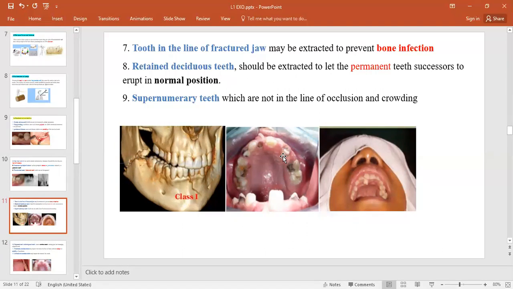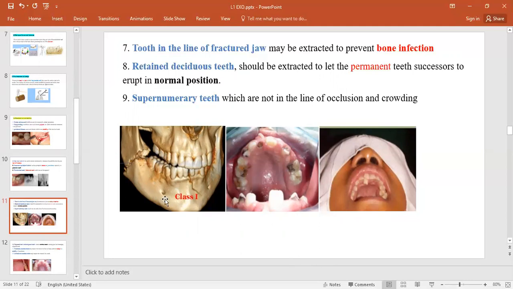If we retain the primary tooth, it will affect the permanent tooth. The permanent tooth will appear out of occlusion, labially, palatally, or lingually. So we must extract it before the eruption of the permanent teeth. Supernumerary: if you have an additional tooth, no need for it, and it's not in occlusion, it causes crowding.